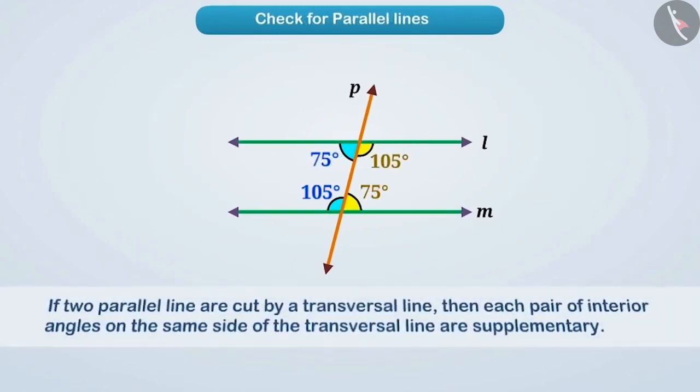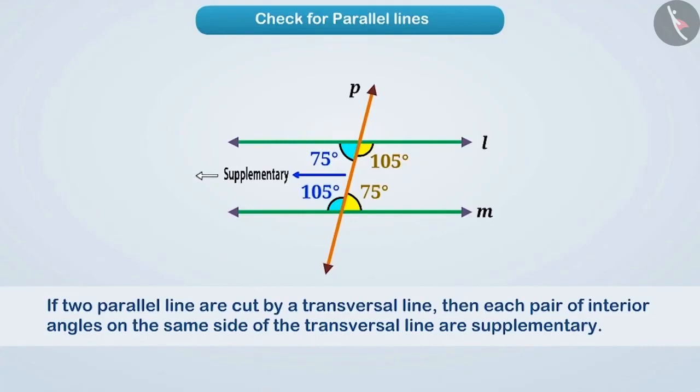We know that if two parallel lines are cut by a transversal, then each pair of interior angles on the same side of the transversal are supplementary. If we observe here, this pair of interior angles formed on the same side of the transversal are supplementary, that is, the sum of these is 180 degrees.